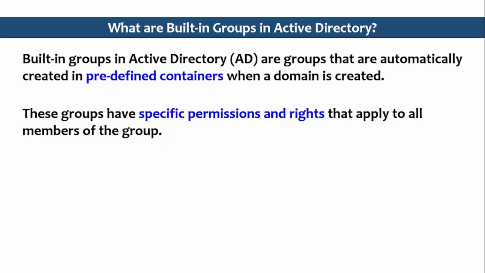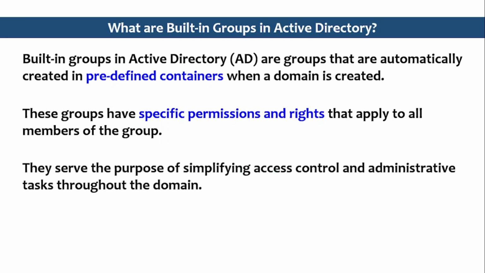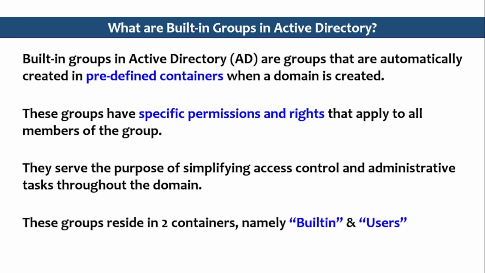The groups are created in predefined containers, and the permissions and rights are also predefined. They serve the purpose of simplifying access control and administrative tasks throughout the domain. These groups reside in two containers, namely Builtin and Users.